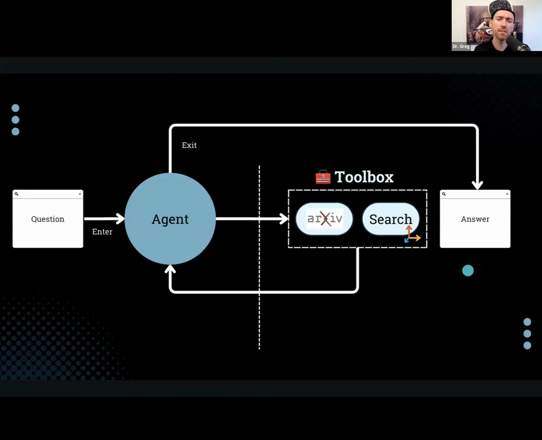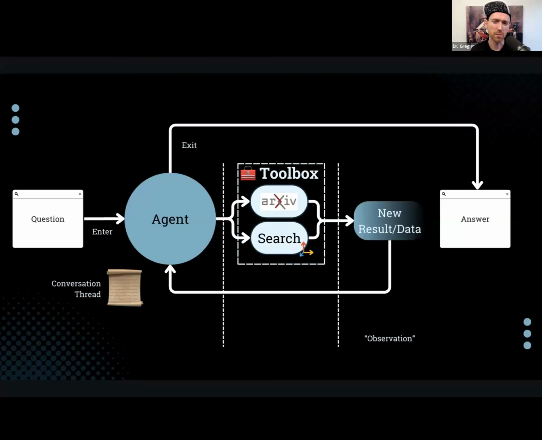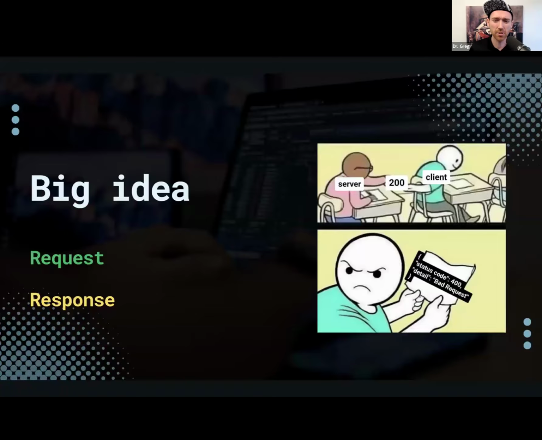Typically, we think of those actions as tools. And we're going to observe some sort of result, some sort of new data from taking those actions, from calling those tools. That's going to be fed back into the conversation thread of the agent. So the big idea here is that these things are just giving us stuff back when we request it.